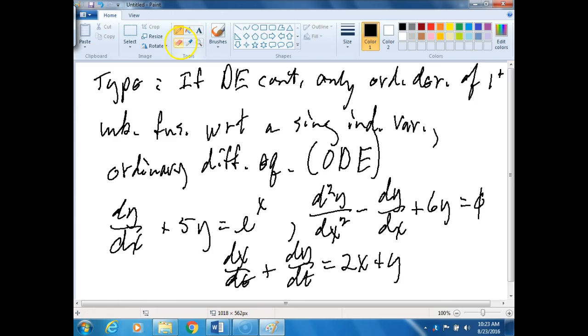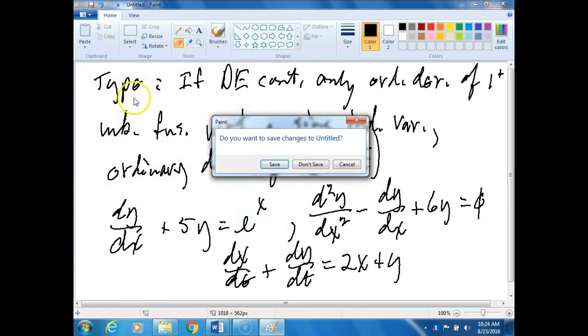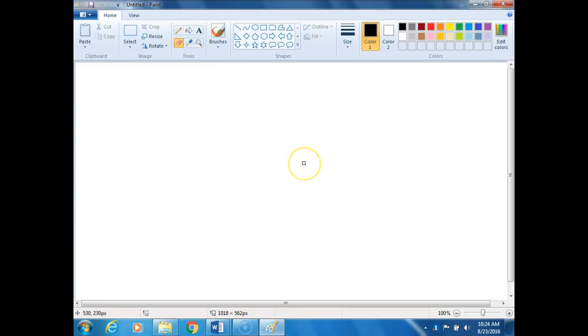Okay, now here you say do the eraser, and what? Okay, then forget that. Then I use my cursor to do this, this, and that.